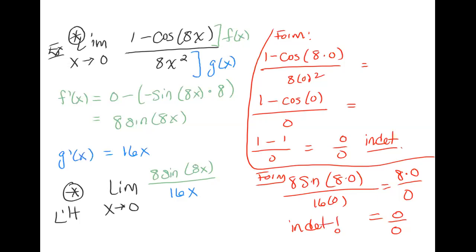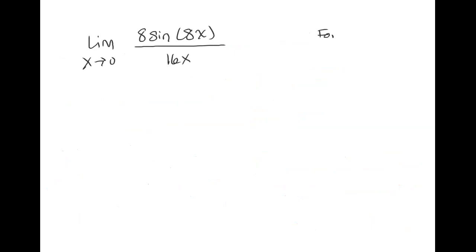So guess what? I can apply L'Hopital's rule once more to this function. Write down the function again: limit as x approaches 0 of 8 times the sine of 8x divided by 16x. We already noted the form. It is 0 over 0, which is indeterminate. Therefore, once again, I'm going to call that top function f and that bottom function g.